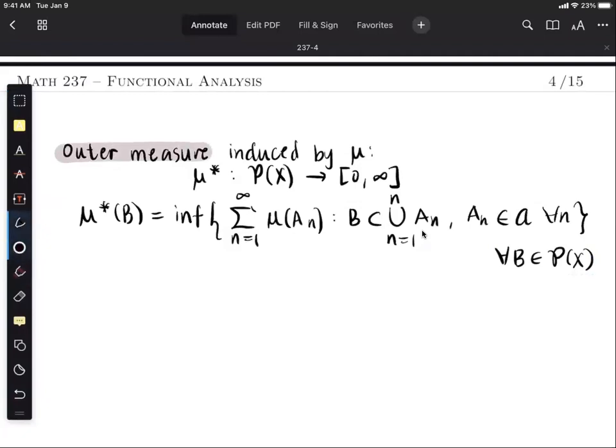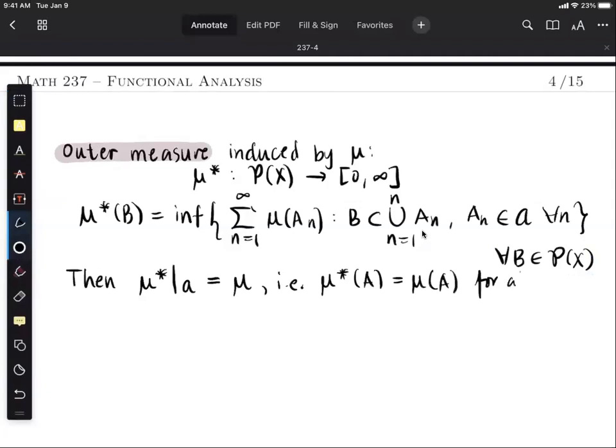And it is well known in measure theory that the restriction of the outer measure over the algebra coincides with the original pre-measure. In other words, the outer measure of A is the same as the pre-measure of A, provided that A is in the algebra.